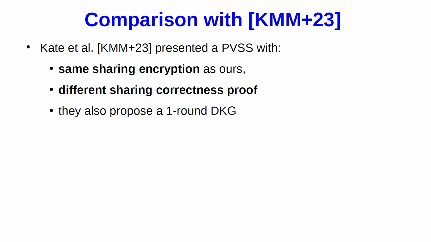Now I have to mention that there is another work that we became aware of a little before submitting. This work has been accepted in CCS 24 and presented a publicly verifiable secret sharing that has exactly the same sharing encryption as we do. But they have a different correctness proof. And in that work, they were more focused on one-round distributed key generation as a goal.